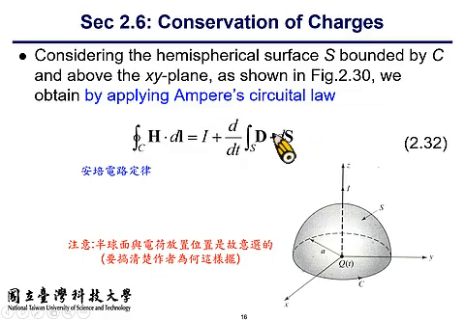That is the total current passing through, or to be more specific, the current flowing upward out of this hemispherical surface, including the actual current I and the equivalent displacement current, which can be expressed as the time derivative of the displacement flux, the surface integral of displacement flux on this hemispherical surface S. So based on Ampere's Kirchhoff law, we can write up this equation.